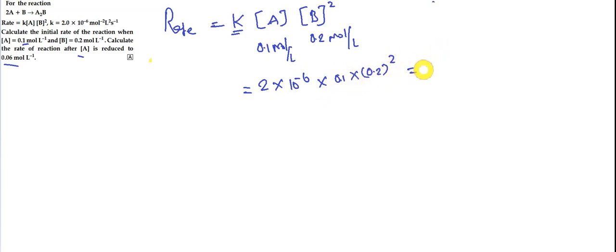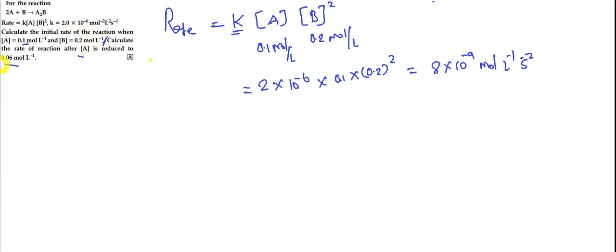So this can be written as 8 into 10 to the power of minus 9 mole per liter per second square. So this is the answer for the first part.